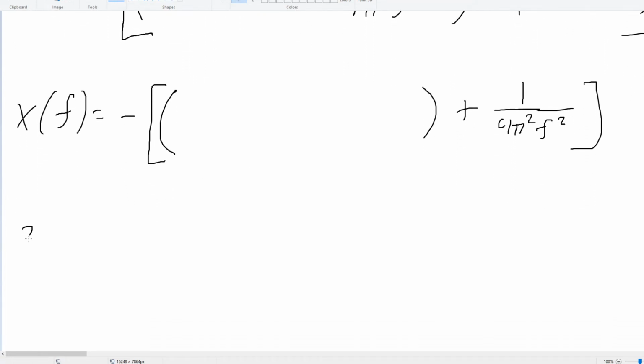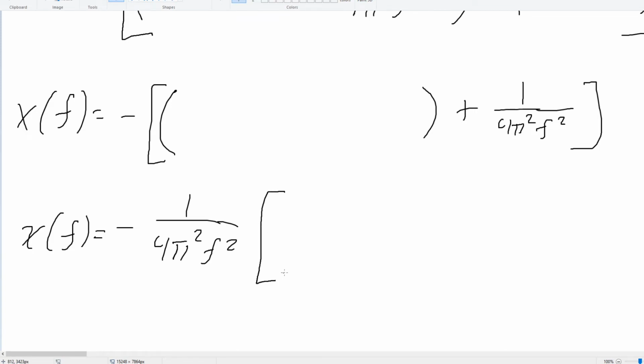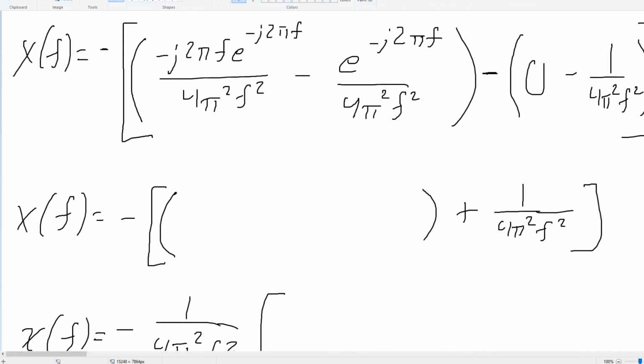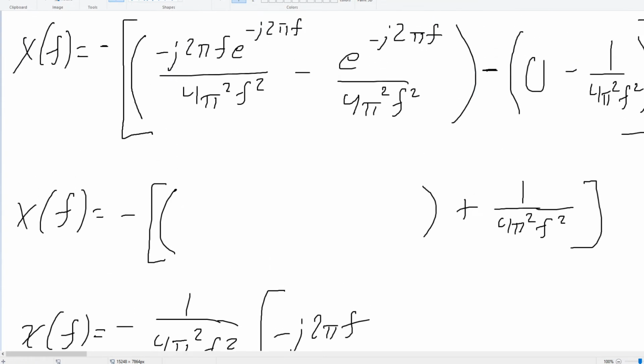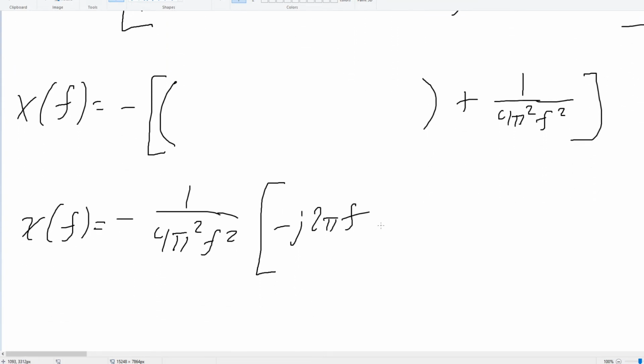You have X(f) is equal to negative 1 over 4 pi squared f squared, and that's going to be, what this is going to be, minus j 2 pi f e to the negative j 2 pi f.